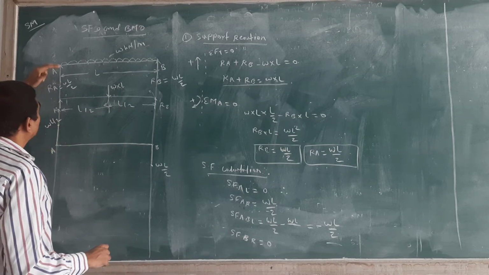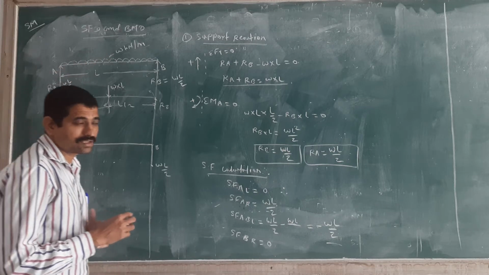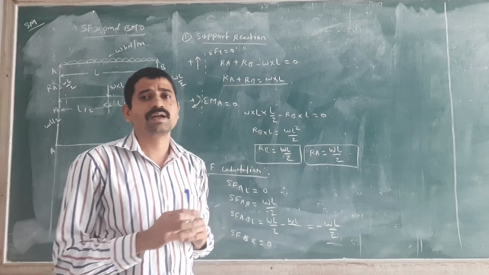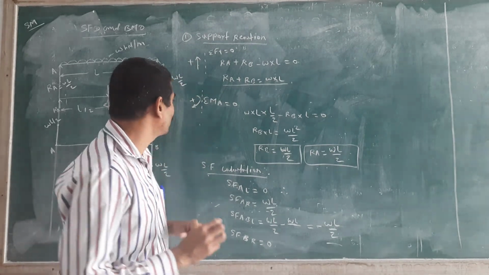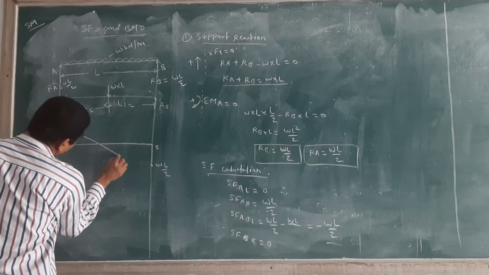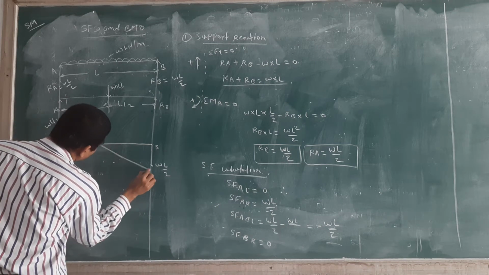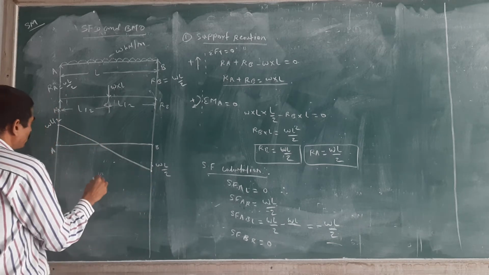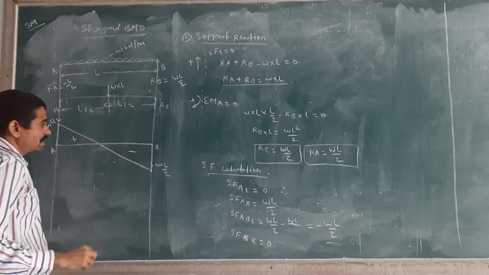How to join? If you have the UDL in the loading diagram, then remember that you have to draw an inclined line in the SFD. This is your SF, this one positive, this one negative.